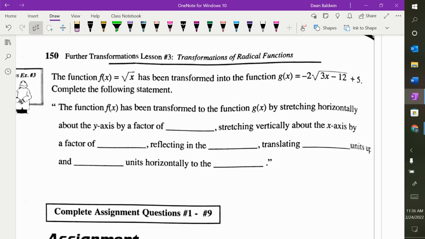All right, this one. Tell me all the things we have done. But what do we need to do first? This is page 150. Gotta isolate the 3 in the bracket. Yes, you got to isolate the 3. So we take the 3 out, get an x minus 4. Okay, what's our horizontal stretch by? 1/3 or 0.3 repeating for those that like decimals.